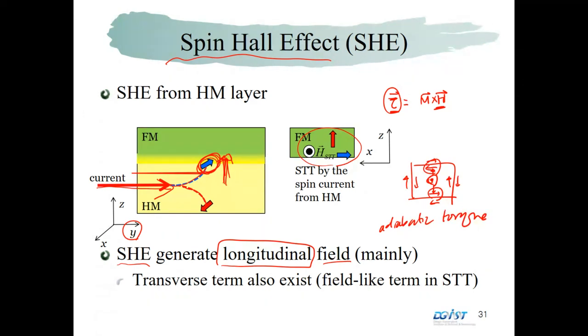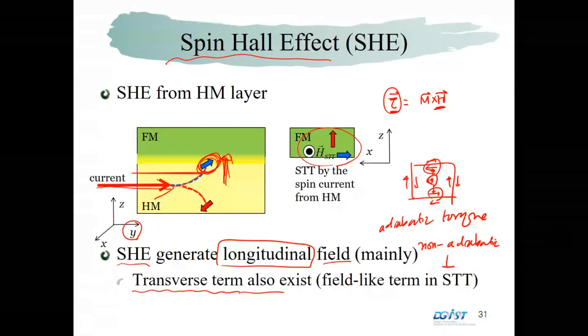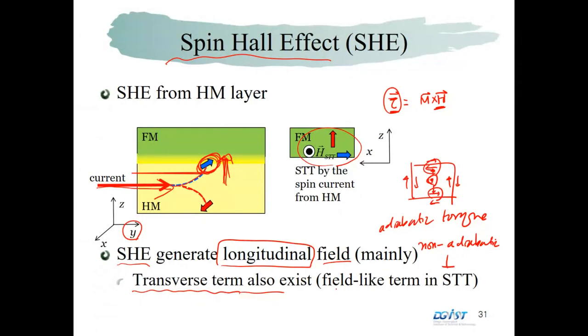But we always have a non-adiabatic contribution, which is perpendicular to the adiabatic one. So we have a transverse term that can exist, but usually it's not that large. But anyway, it also plays a very important role.